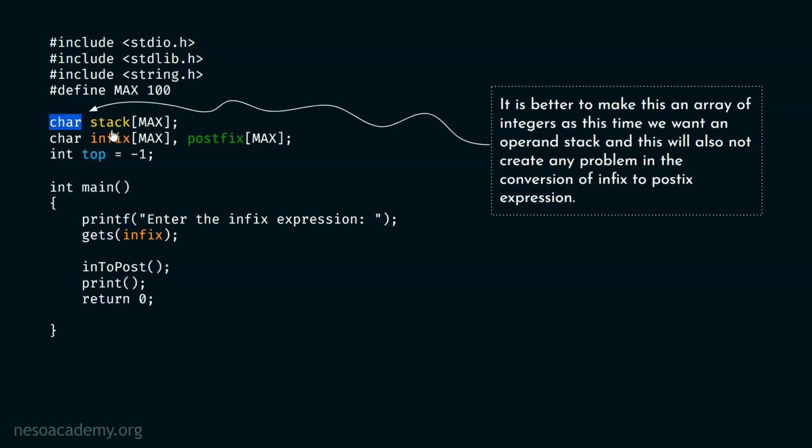And it is important to understand that we can actually change the type of this array. There is no problem in doing that, and our into post function will work fine in that case as well, because we know that eventually a character can be treated as an integer and later on we can manipulate them in our code. That is why it is better to make this an integer and not a character, right?